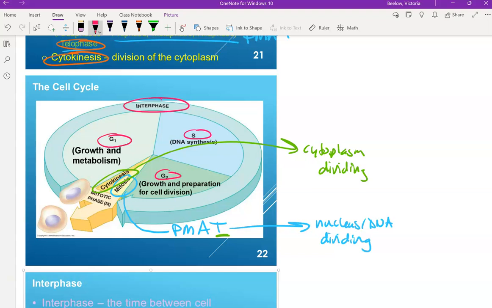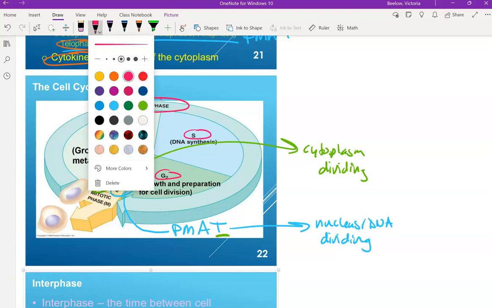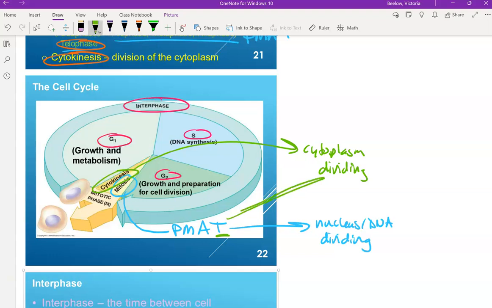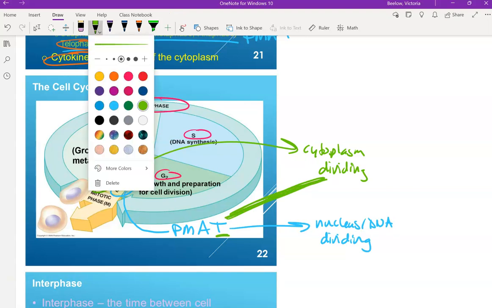And then we have mitosis, which is the division of the nucleus and the DNA, and that's broken down into PMAT: prophase, metaphase, anaphase, and telophase. And then the last part is cytokinesis, which is the division of the cytoplasm. And usually in terms of timing, that will overlap with telophase, which is part of mitosis.